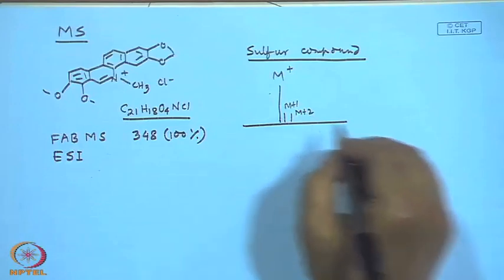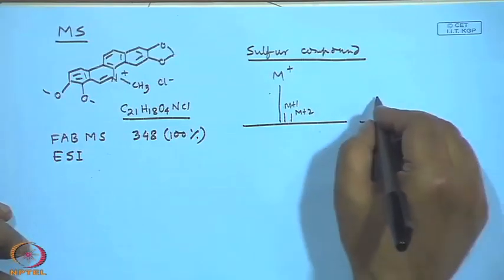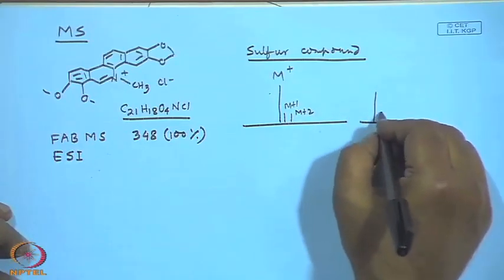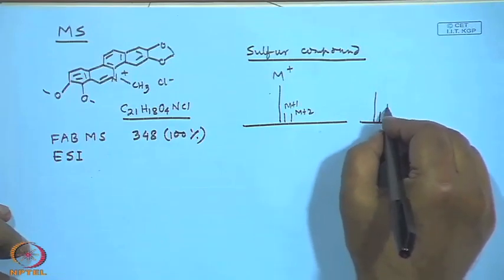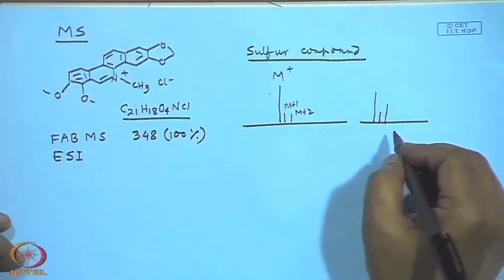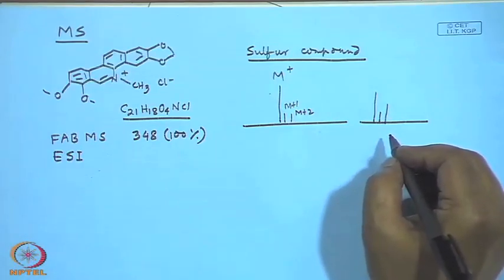But in case of sulfur, if you are careful, what you will find is M, then M plus 1, and then M plus 2 is a little longer. They are all minute things, but this gives you a nice indication. Why?